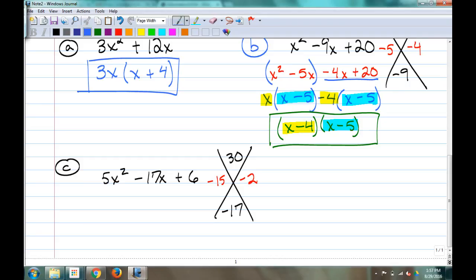Next step is to go, and it doesn't matter if you put a minus 2x or a minus 15x right there. I'm going to put the minus 15x because I know 5 and 15 have something in common. So that makes it a little easier for me. Group.